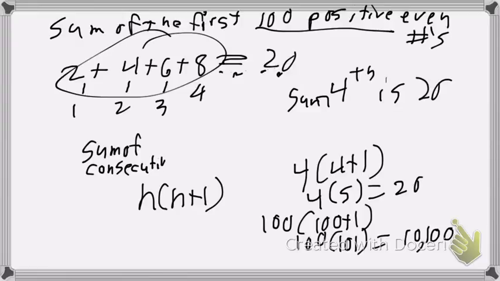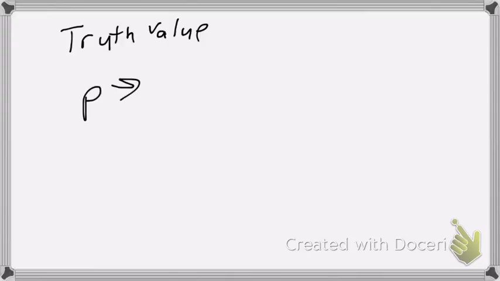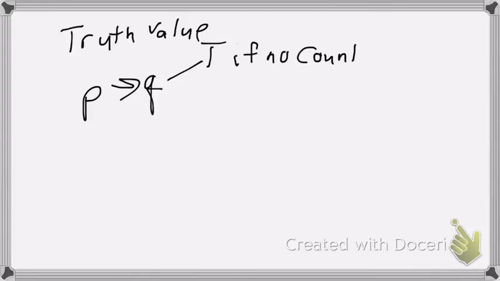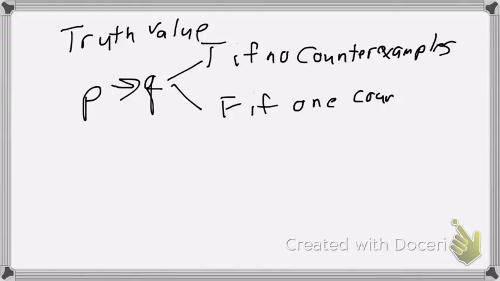33 through 37. Now 33 through 37, we're looking for counterexamples. Now remember we talked about truth values. Okay, so the truth value of any if-then statement, so any conditional, is true if no counterexamples and false if one counterexample.